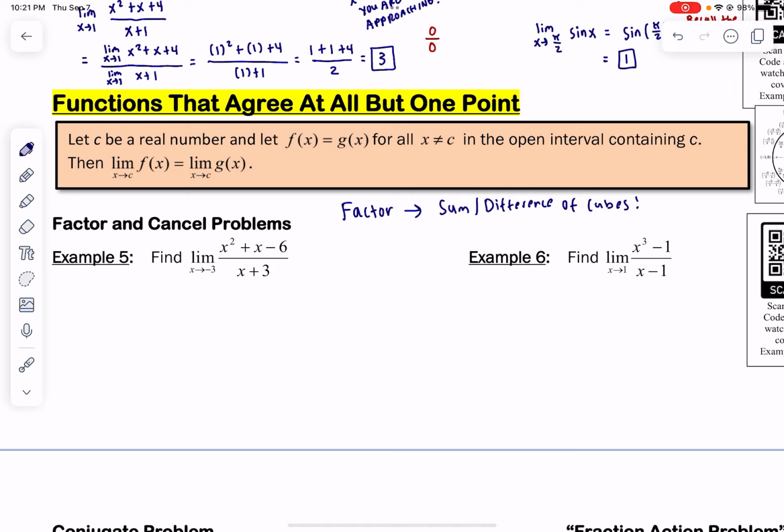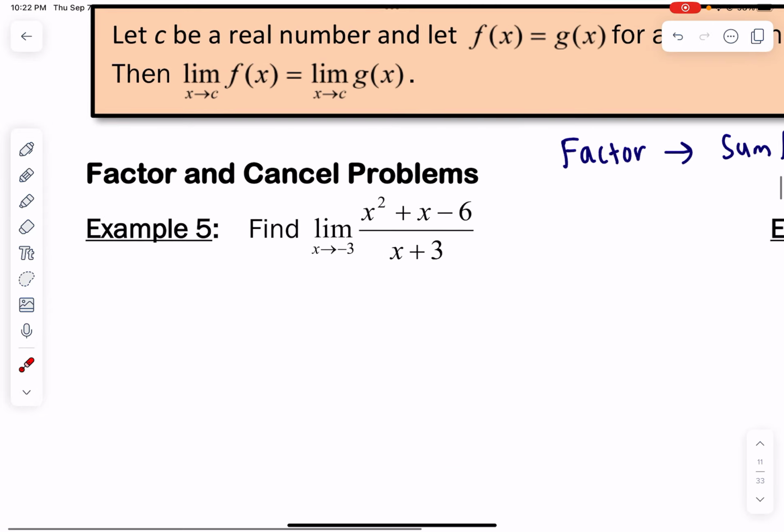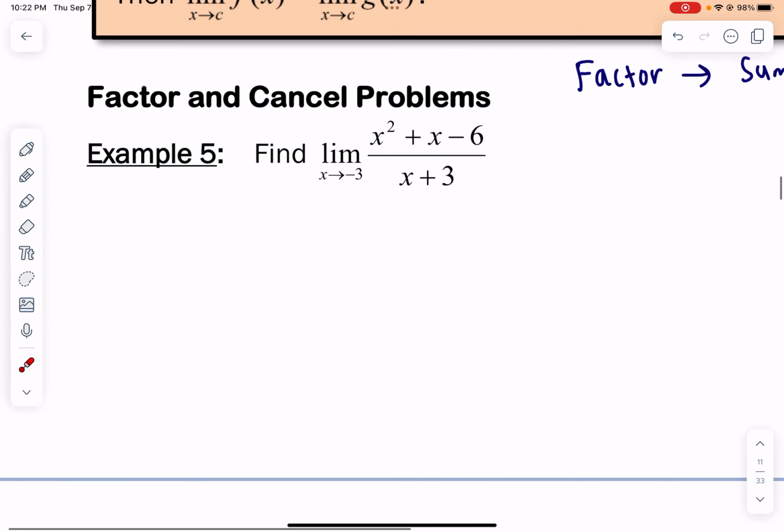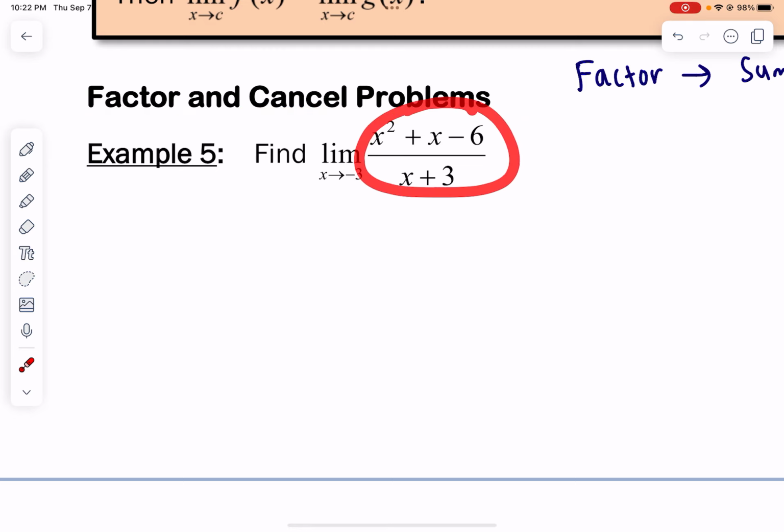So we will just talk about it right now in example number 6. Before we get to example number 6, let's go over example number 5. So the key idea here is we're going to be using factoring to help us simplify limits.